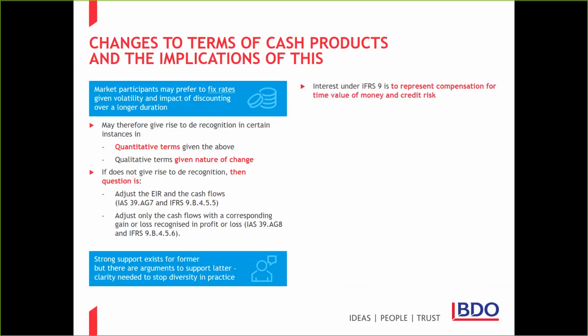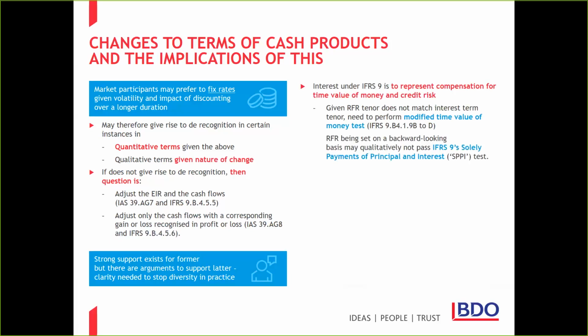On the second aspect, interest under IFRS 9 is, in the main, to represent compensation for time value of money and credit risk. IFRS 9 has a modified time value of money test, whereby when interest resets to a duration that is different to that of the reset period, say 12-monthly to 12-month LIBOR, one needs to determine how significant the difference is, and if it is, then this would not pass the contractual cash flow test.